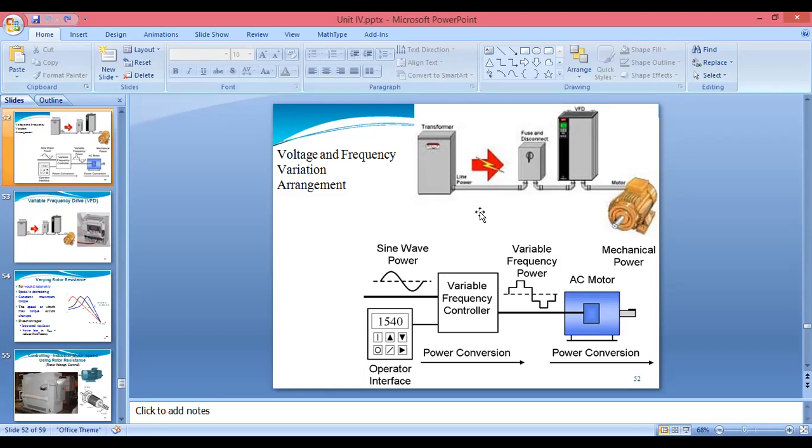So here we have finished the first method used to control the speed of a three-phase induction motor, that is, variable supply voltage and variable frequency. The remaining we will see in the next class.